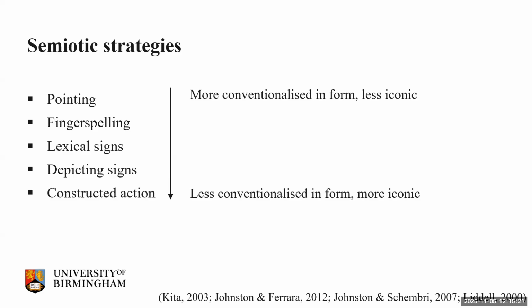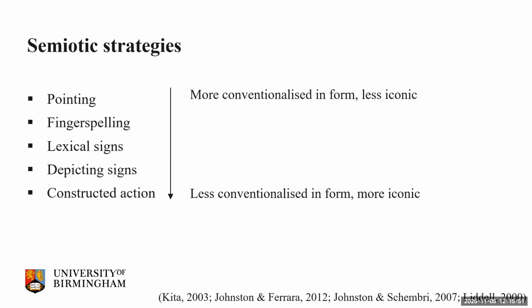And my absolute favorite semiotic strategy is constructed action. Those are a combination of non-manual features, so facial expressions, and gestures, so less conventionalized gestures. And this type of strategy can occur on its own, and or with other semiotic strategies that I just mentioned. And actually, we use that as hearing people all the time, especially after something we call quotative like.